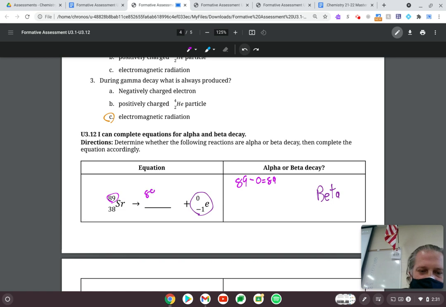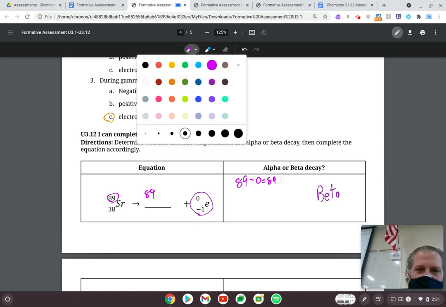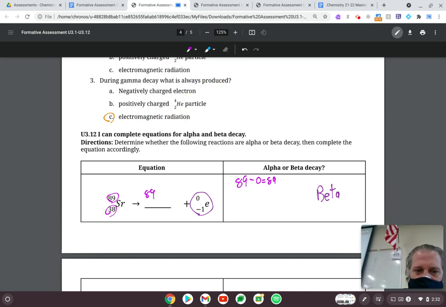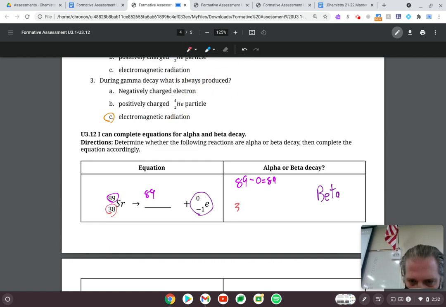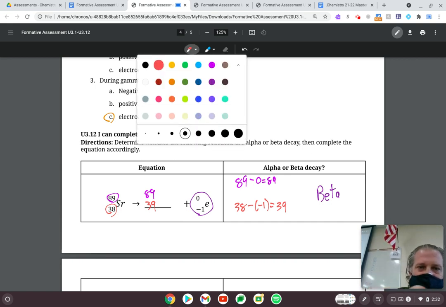Now, 38, nope, not plus, minus a negative 1 is going to be 39. So that tells me that it's element 39, which happens to be yttrium.